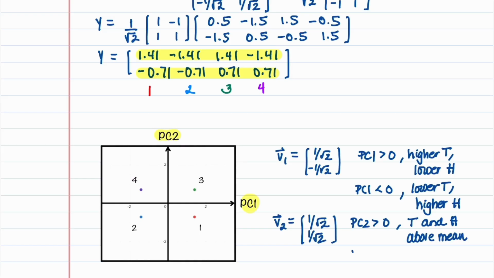And then negative PC2 scores are when temperature and humidity fall below the mean. You can see that these conclusions are true when you look back at the original data for humidity and temperature and look at points 1, 2, 3, and 4.